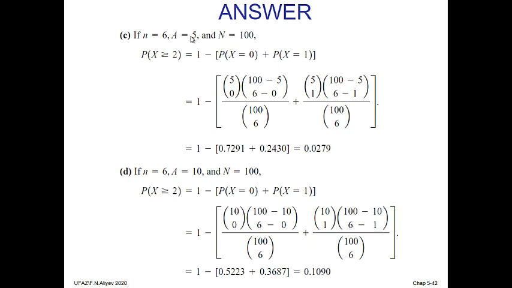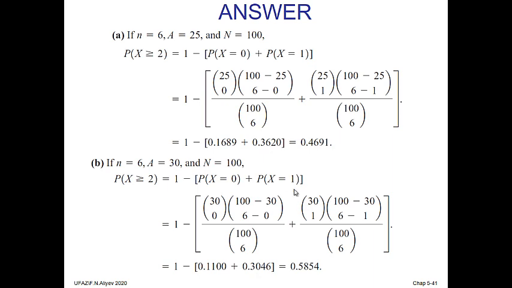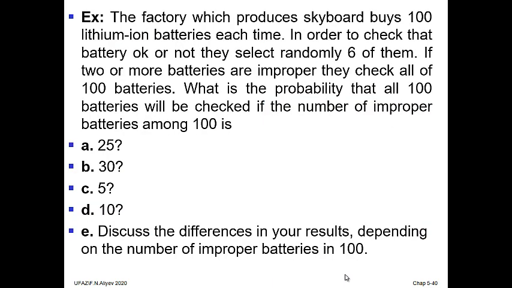The probability that in your selected 6 batteries you will have at least 2 of them is a very small number, just something like 3%. Here 10, that's why it is a little bit bigger than this, 0.11. And in the previous two, it's too high. See, here it's highest because A is 30. That's all about this question.